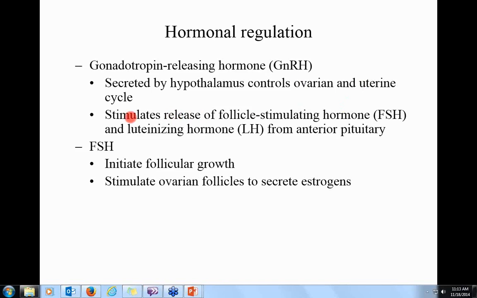And it does this by causing the anterior pituitary gland to release our friend follicle-stimulating hormone, and now the term follicle makes a little more sense, and luteinizing hormone. Follicle-stimulating hormone causes the follicle to grow, and it also causes the secretion of estrogen.